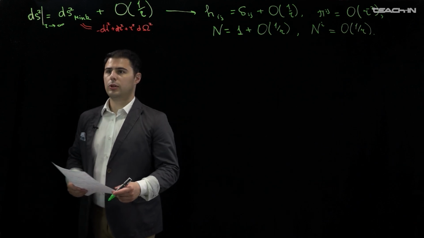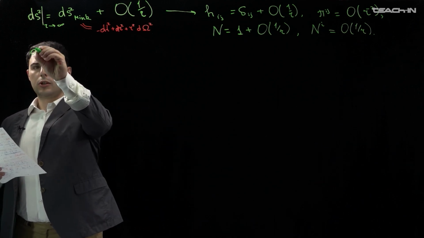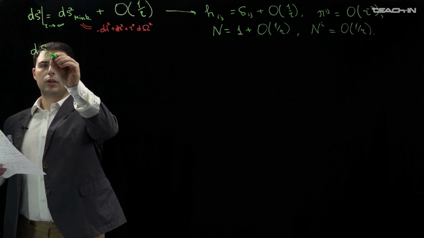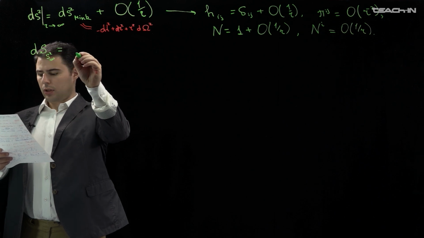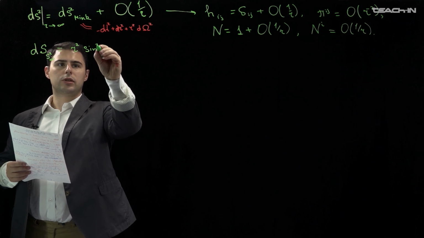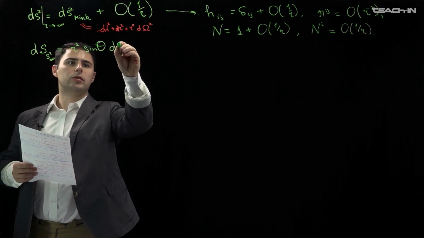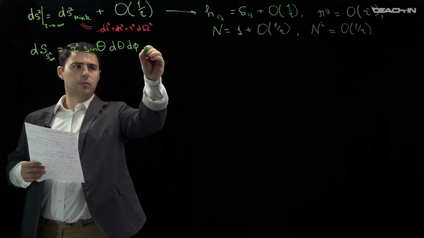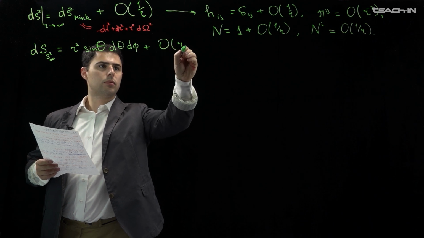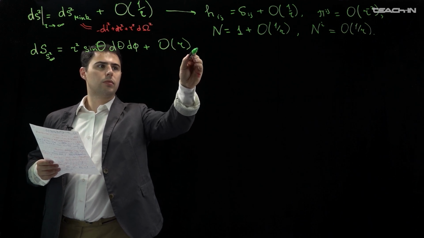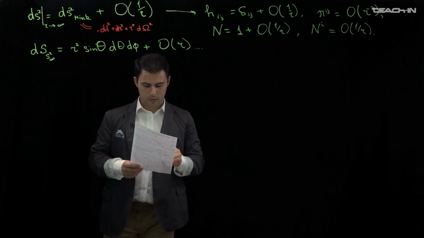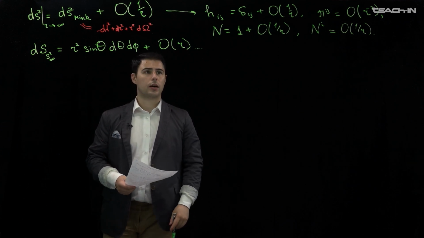So its area element, dS at infinity, is r squared sine theta d theta d phi plus corrections.